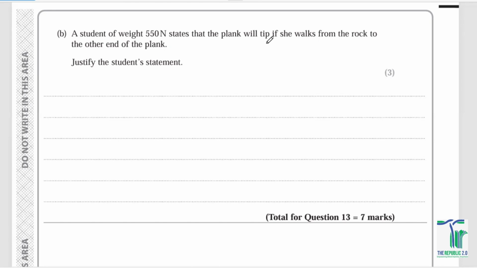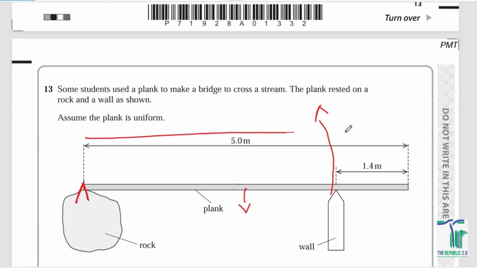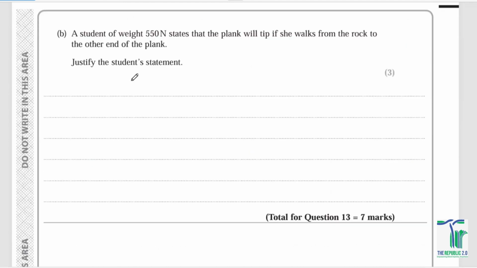So if she's walking from here to here, and for example she reaches the wall, let this point be the pivot. The moment of that girl is going to be 550 times 1.4, and that comes out to be 770 newton metres.